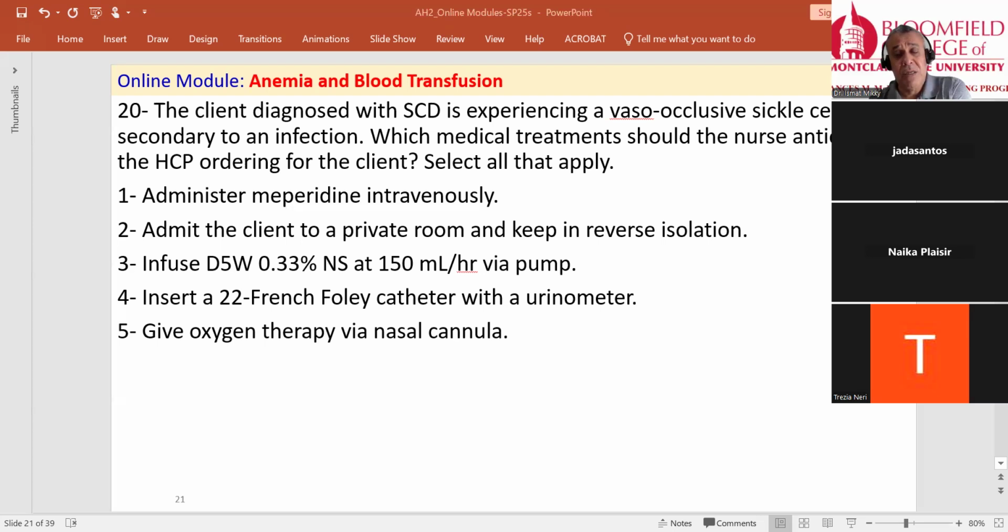These are precautions because the patient has an infection that can be infectious to others.